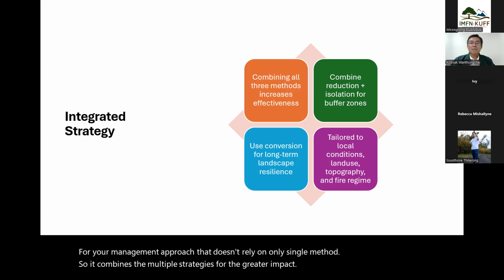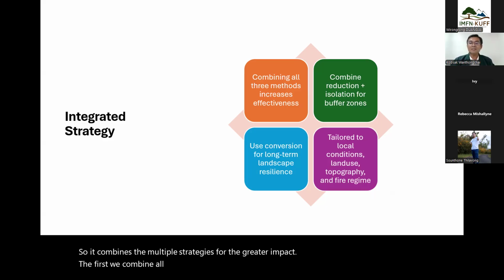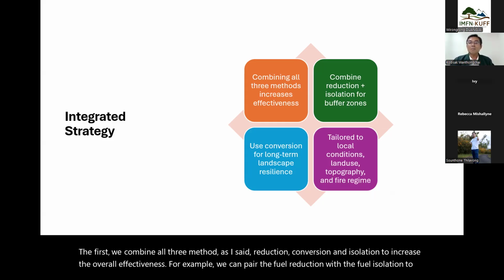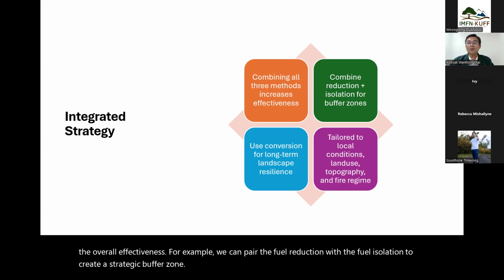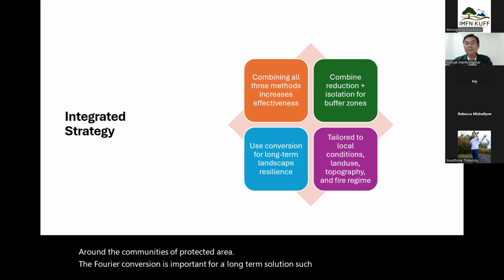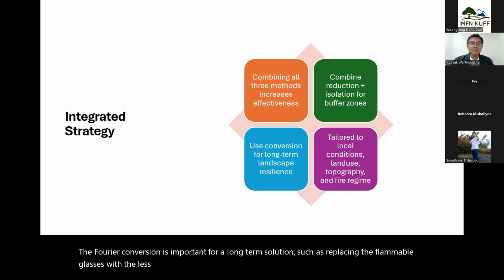First, we combine all three methods, as I said, reduction, conversion, and isolation, to increase the overall effectiveness. For example, we can pair fuel reduction with fuel isolation to create a strategic buffer zone around communities or protected areas. Fuel conversion is important for a long-term solution, such as replacing flammable grasses with less flammable vegetation.